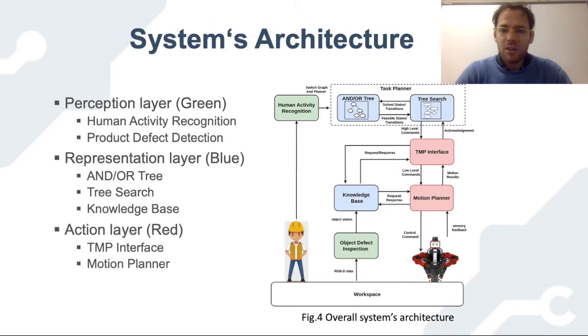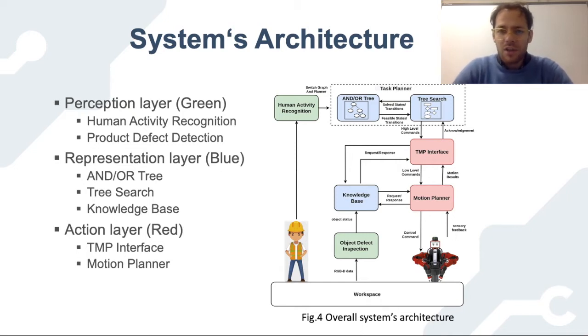The overall architecture of the framework is depicted in this figure. The architecture embeds three main layers, namely perception in green color that is responsible for capturing human activities and also inspecting products' status.